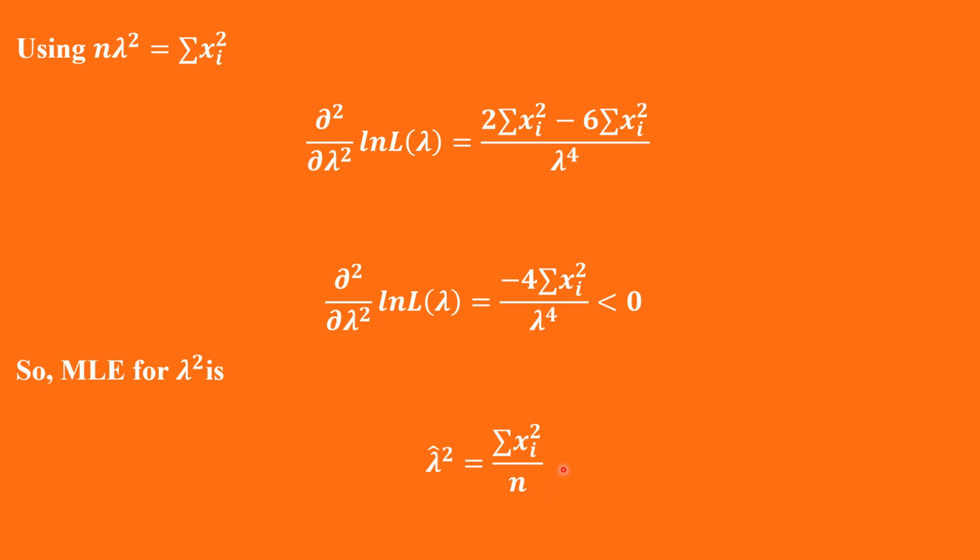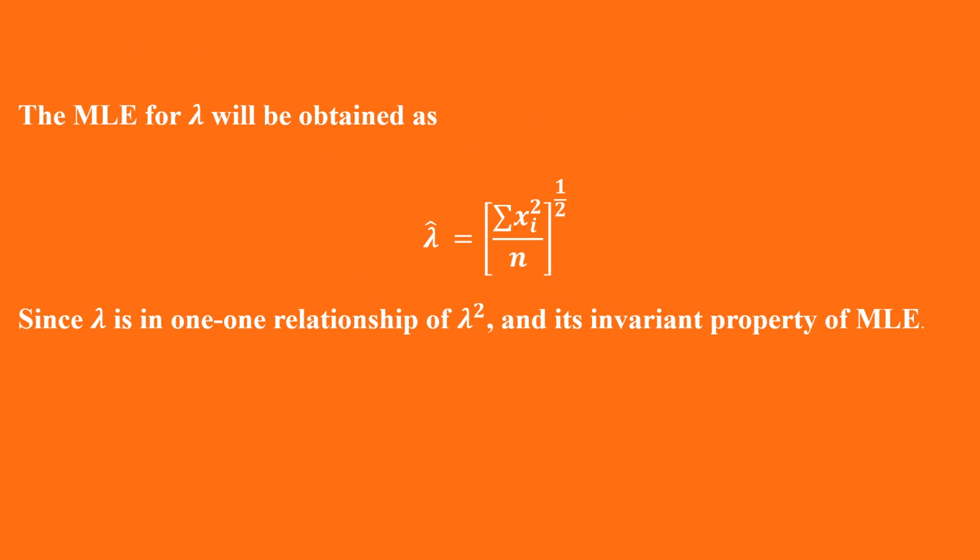Now moving towards the MLE for lambda for this distribution, we proceed like this. Lambda will be equal to summation xi square over n raised to the power 1 by 2. We have derived this estimator from the estimator of lambda square by using the one-to-one relationship between lambda and lambda square. So we took the square root of the lambda square estimator and we get the estimator for lambda.